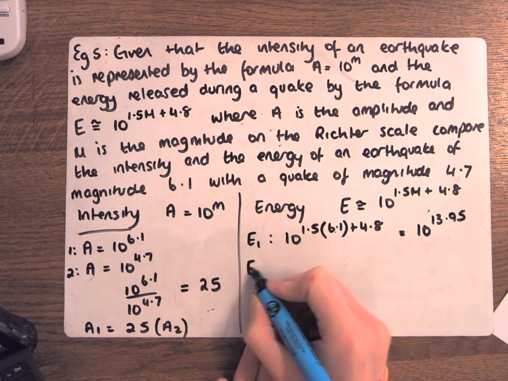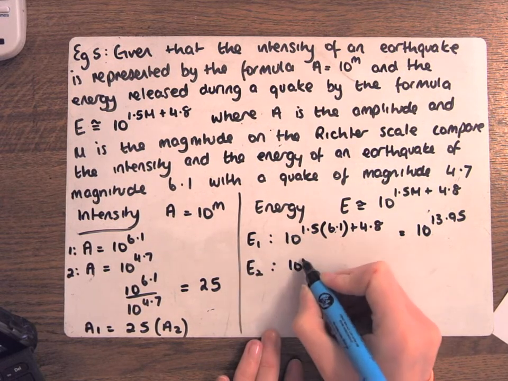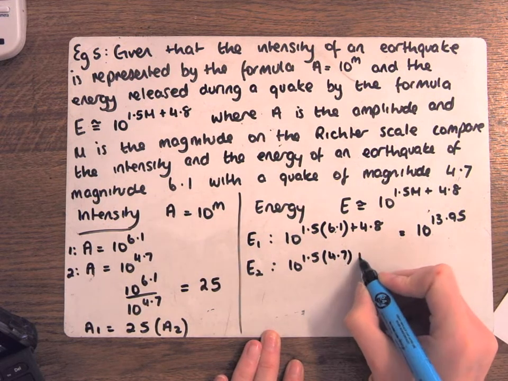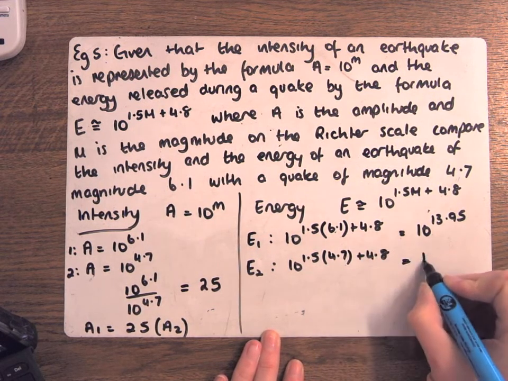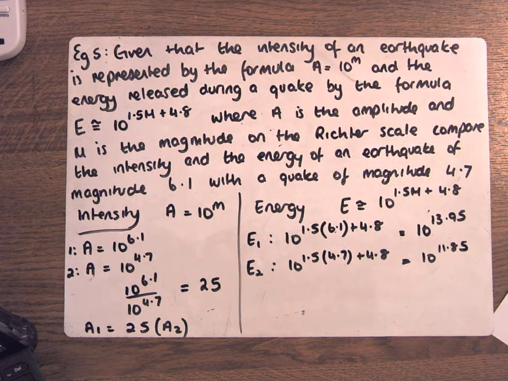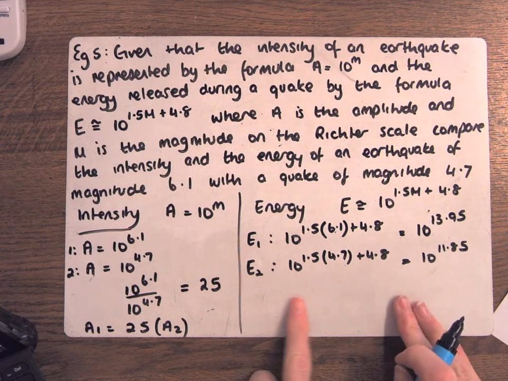We're going to do E2, same thing. Put in your magnitude, which in this case is 4.7. So you're just filling into a formula here. Same thing, we're going to divide.